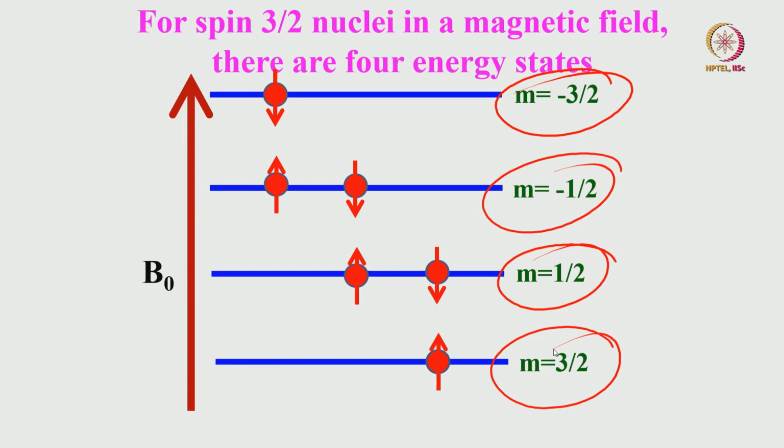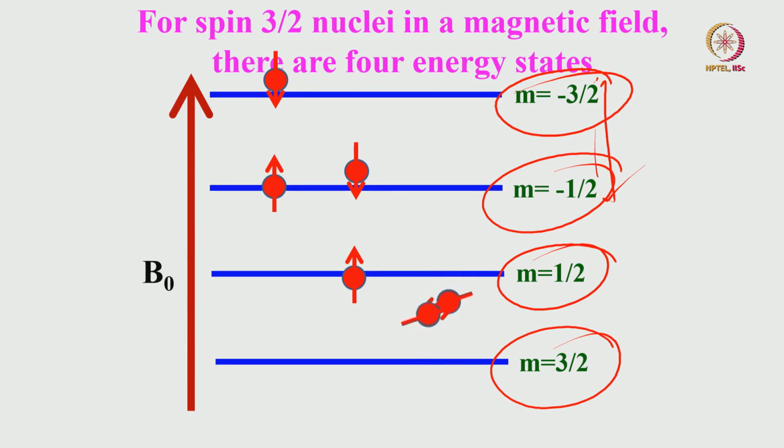Same -I to +I in steps of 1 I have taken. Now these are the possible energy states. What are the allowed transitions here? This to this is allowed, -3/2 to -half or -half to -3/2, both are allowed, either it is +1 or -1. What about this -half to +half? Of course, we saw in the spin half case that it is also allowed.